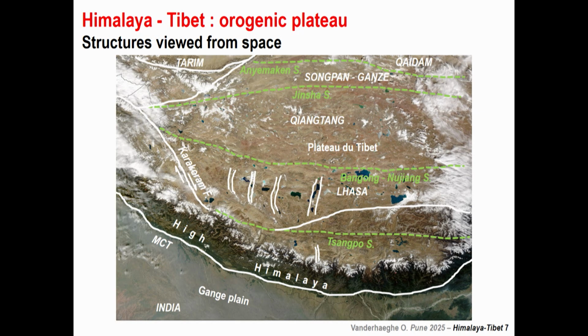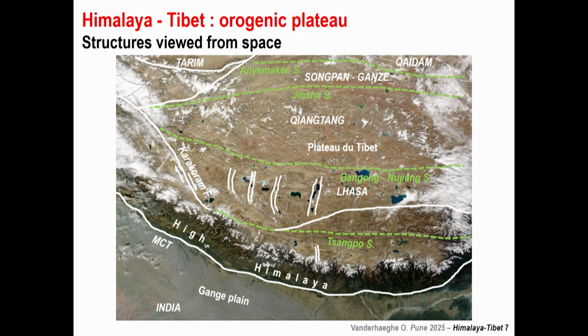But in the Tibet plateau, there are several units separated by suture zones, put in green here, that delimit crustal blocks: Lhasa block, Qiangtang block, Songpan-Ganze, Qaidam block. And in between there is a zone of depression, the Tarim Basin.